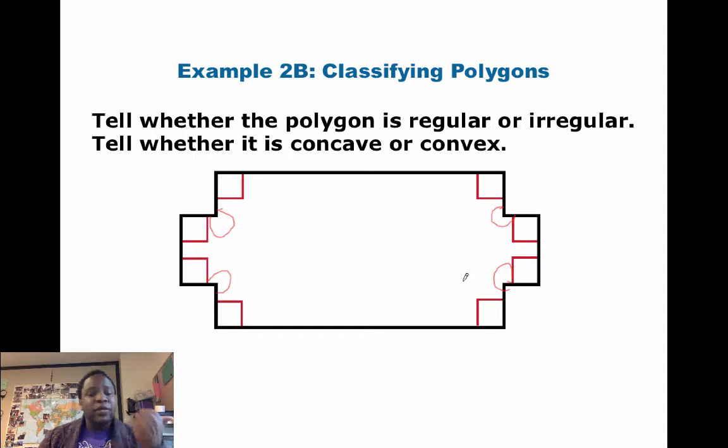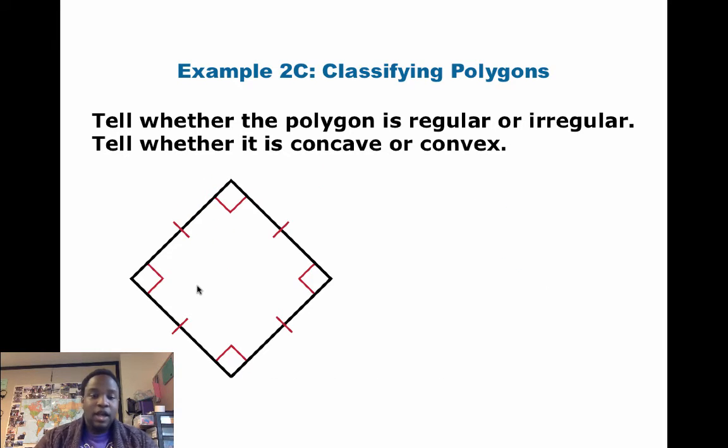So it's neither equiangular nor equilateral because this side length is different from this side length. So it is irregular and it is concave because we can draw a diagonal that goes on the outside. All we need is one. So irregular, concave.